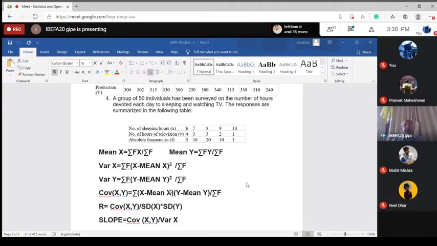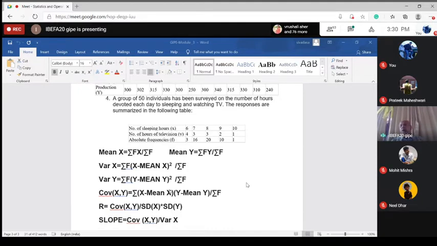3 students have 6 and 4. 16 students have 7 and 3. 20 students have 8 and 3. 10 students have 9 and 2. And 1 student has 10 and 1.